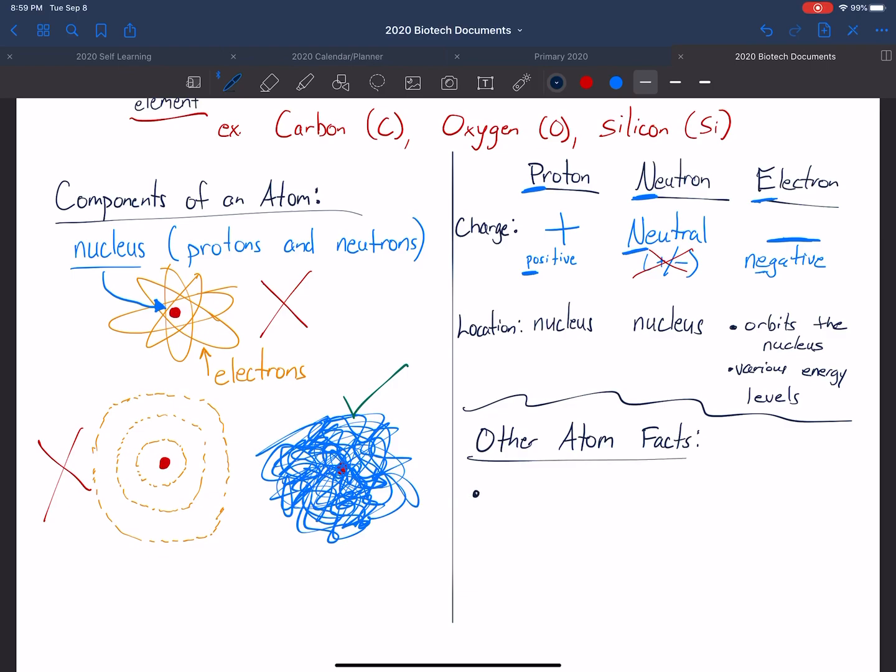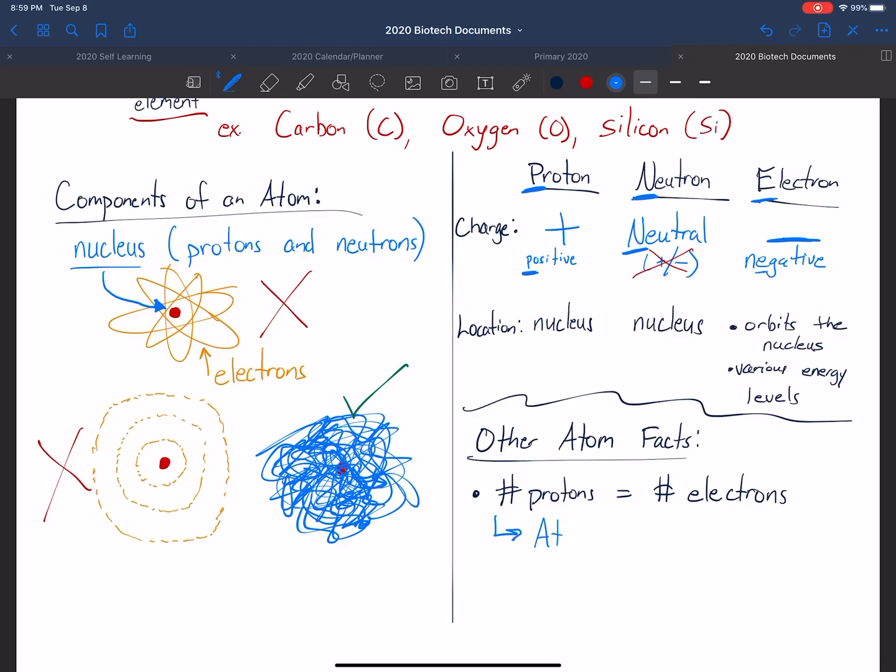In a standard atom, so when we're talking about the atom of carbon, of oxygen, of silicon, just the standard atom, the number of your protons is equal or offset by the number of electrons, which has a second meaning here.